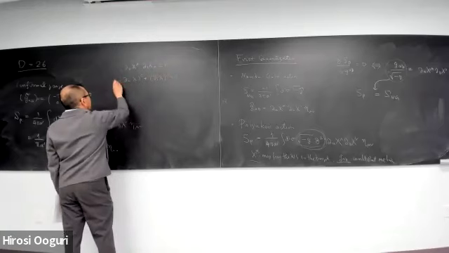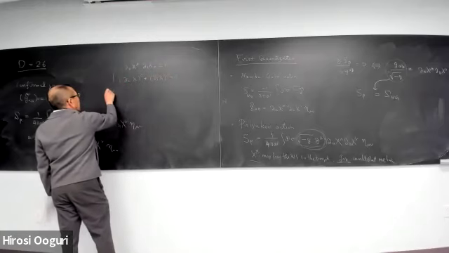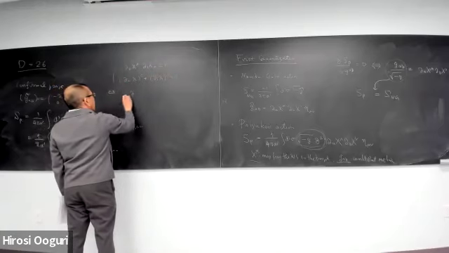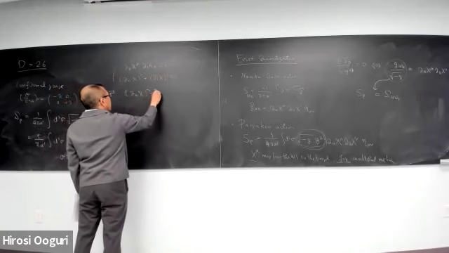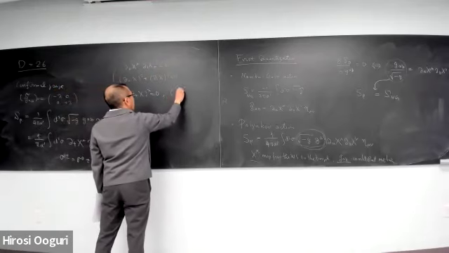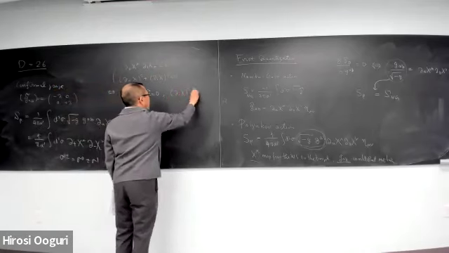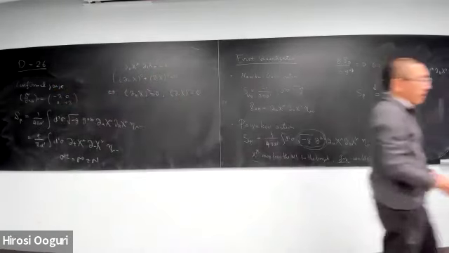We can also write this equivalently as (∂_+ X)² equals 0 and (∂_- X)² equals 0.